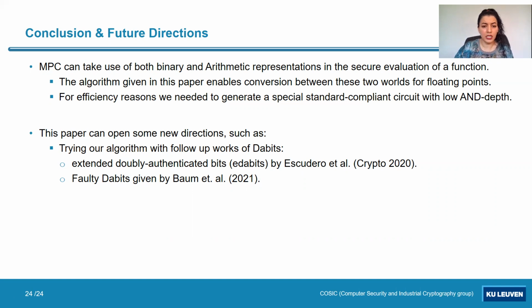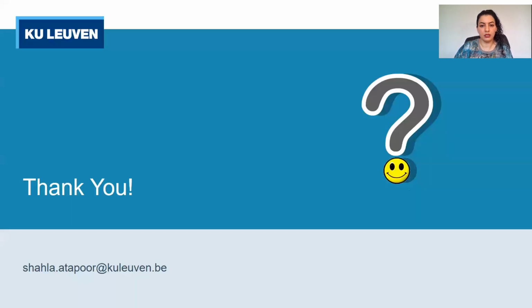And even further, we can try our algorithm with faulty DOBITs given by Bohm et al. in 2021. Basically, they modified these EDOBITs, because EDOBITs are optimized for use in MPC protocols, but with faulty DOBITs, which are a modified version of EDOBITs, they use them in zero knowledge proofs. Thank you very much.